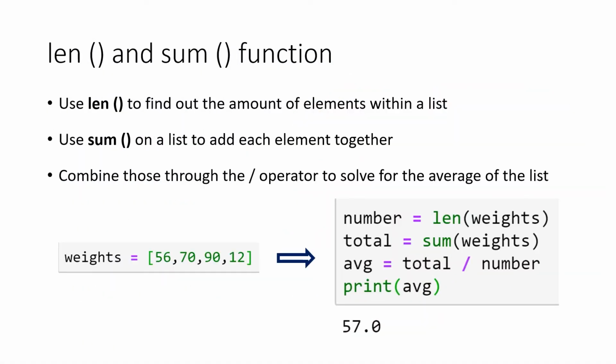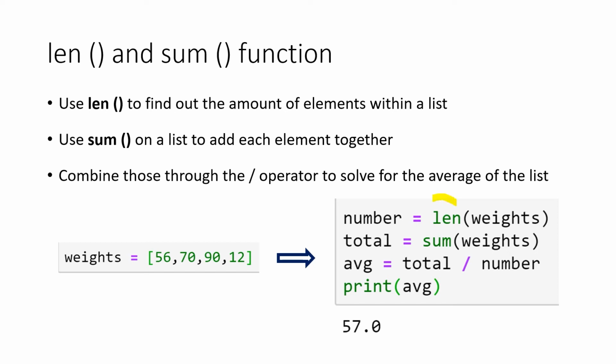Now let's have a look at the len and sum function. Overall, we want to get the average of our weights list. So for that, we need 2 different things. First, we need the number of total elements in the list, and after that, we have to sum up those elements. Then we can divide the total by the amount of numbers to get our average. So very basic maths, and we can apply that through the len and sum function in Python.